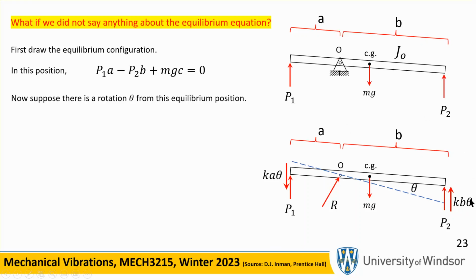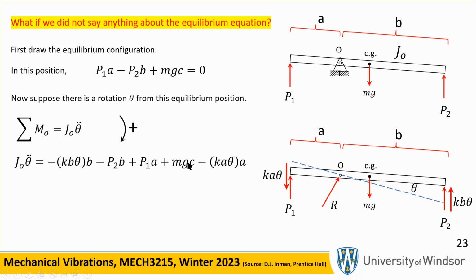And if you wrote the sum of all these moments about the point O, you're going to get this. Just literally go ahead and multiply by the moment arm. But what you see here, this expression appears, but this expression is zero because of what we had up there. P1 times B, P2 times A, plus MGC is exactly that.